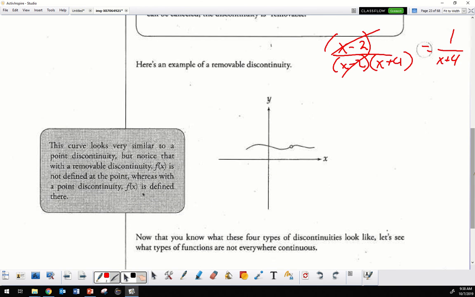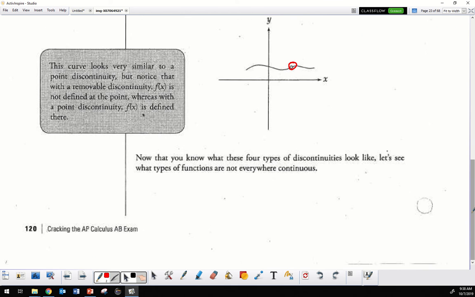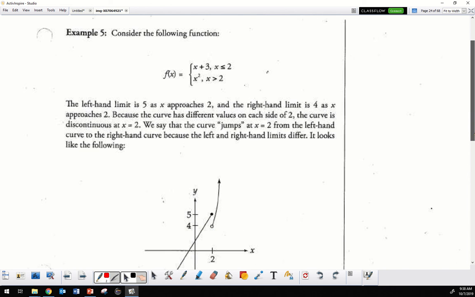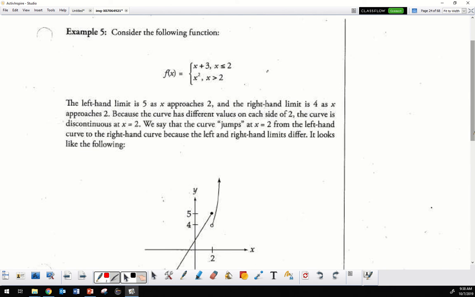So here is an example of what it looks like on a graph. It is just a regular line with a hole somewhere in there. So these ones right here, you're going to have some values. Plug in 2, that's going to give me 5.